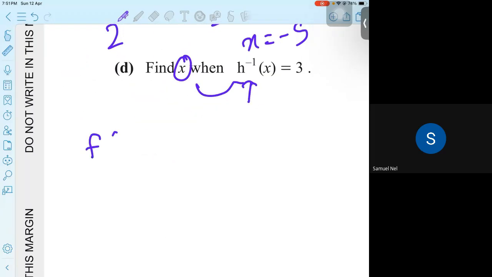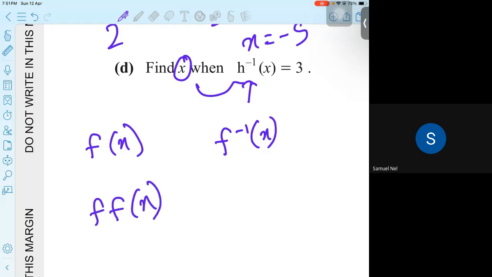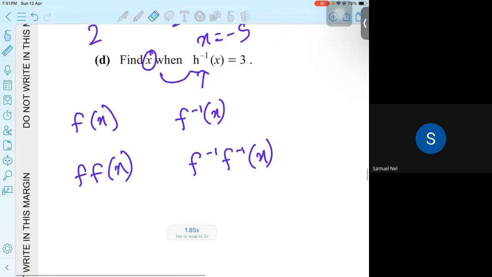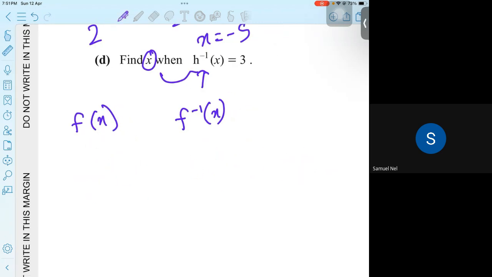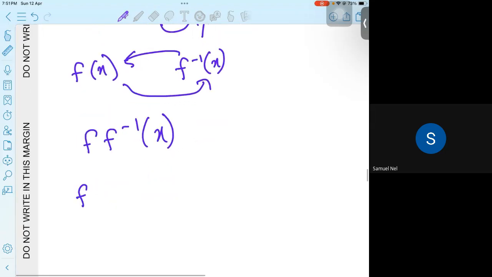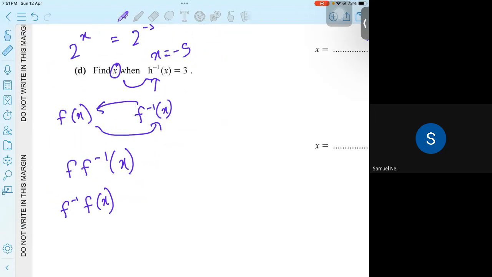Basically, if I have f(x) and if I have f inverse of x, we know in composite functions we can do this. We also know in composite functions we can do this, right? These are all very common things. Something we can also do in a composite function is inputting this into this or inputting this into this. Basically saying something like this or something like this. Are you all with me so far?